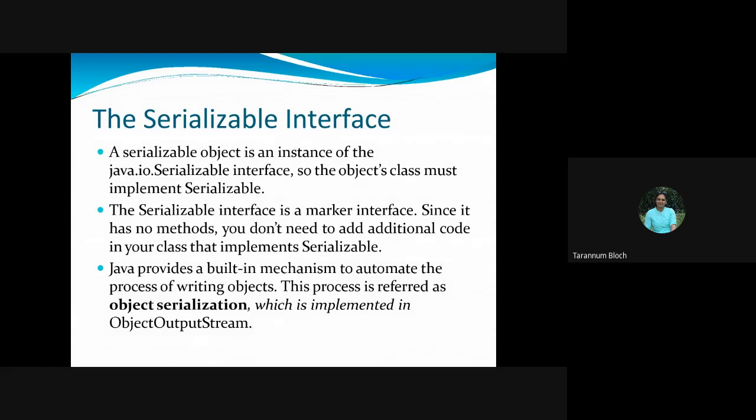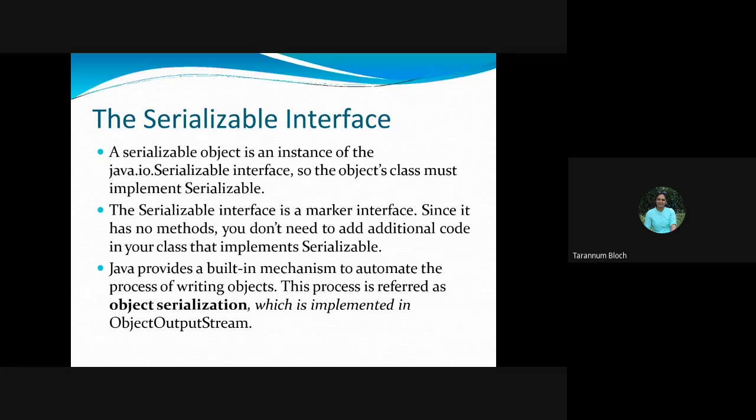So the Serializable interface must be implemented whenever you want to perform a read and write operation on an object, right? The Serializable interface is a marker interface, and it does not have any methods, so you do not need any additional code in your class that implements Serializable.